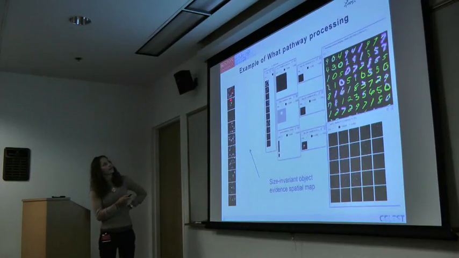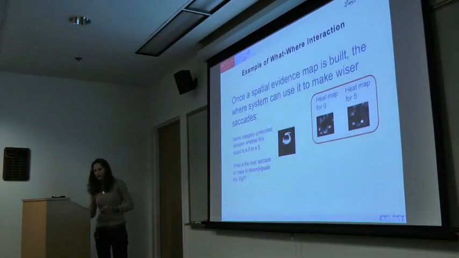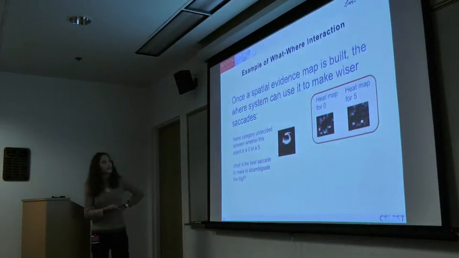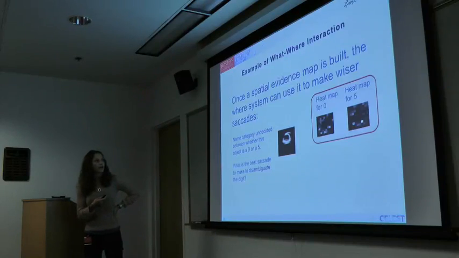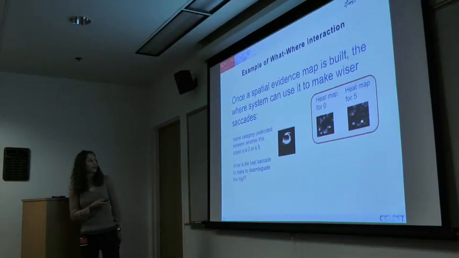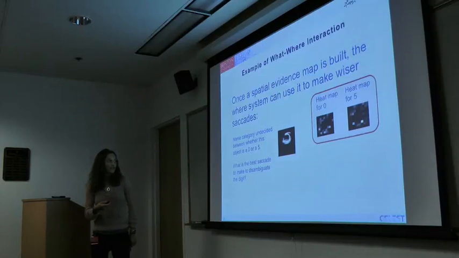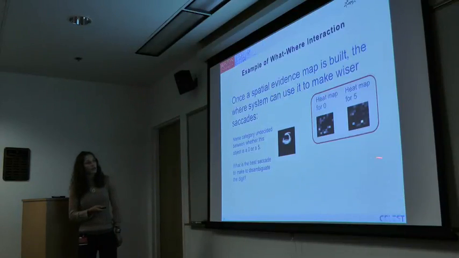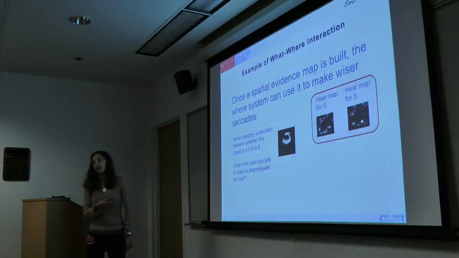So these spatial maps are really informative because once we have an idea for the spatial evidence of a certain object, if you're looking at a 5, and you're not sure if it's a 5 or a 0, you can use these heat maps to determine where my most informative saccade is going to be.